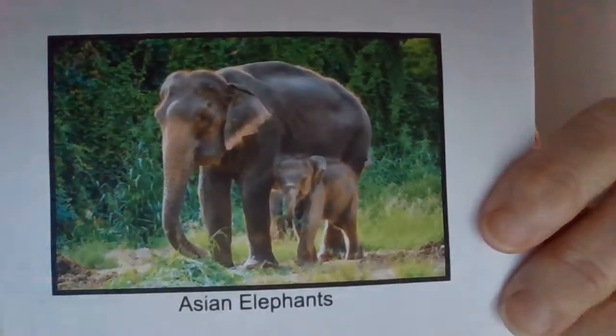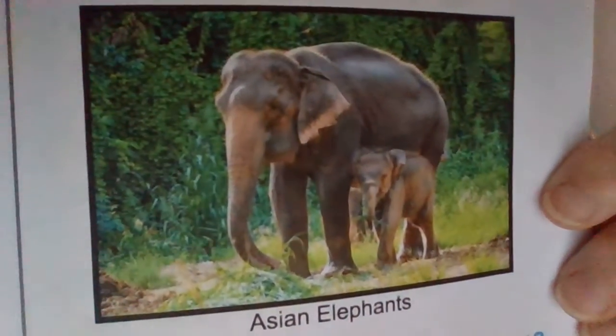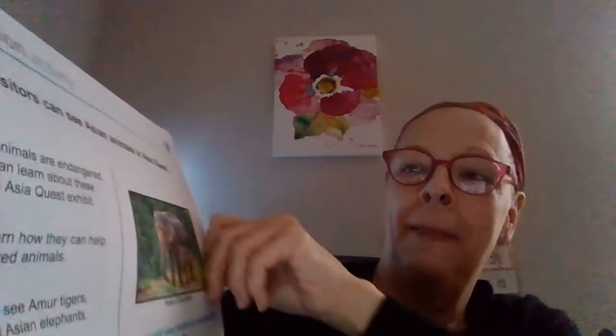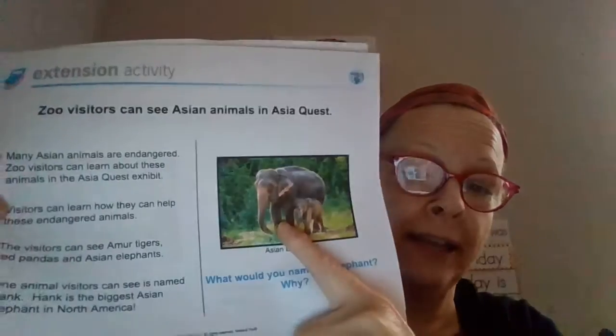And now we have, oh, that's an Asian elephant, the mommy with her baby. Many Asian animals are endangered. That's what I was talking about. And zoo visitors can learn about these animals. Yep. They can learn how to help them if they're endangered. How can I help? I don't live there, so it's not like I can help them that way.